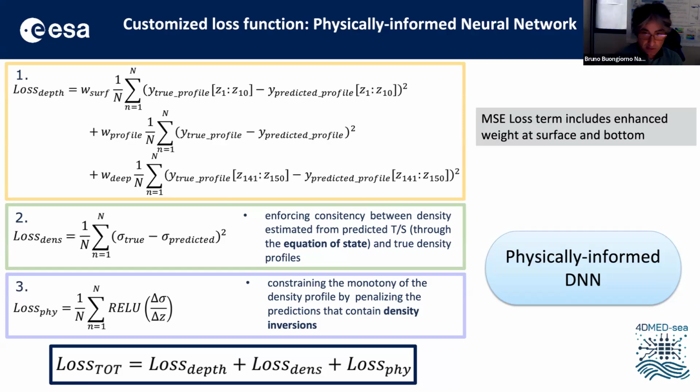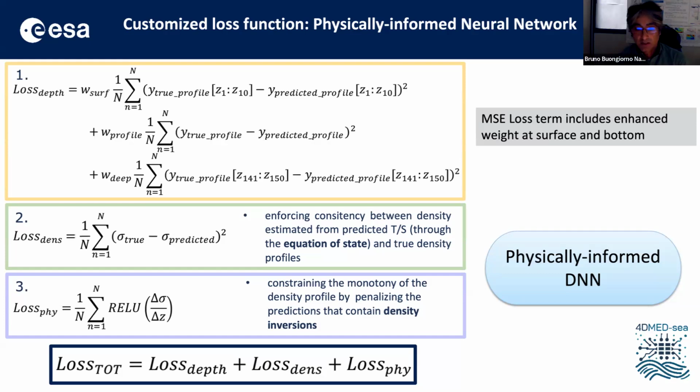The first one is basically a mean squared error loss term, which includes some different weights on the very surface and the very deep part of the profiles, because we noticed some issues in the reconstruction there, so we wanted to force the reconstruction to be accurate in these first layers.